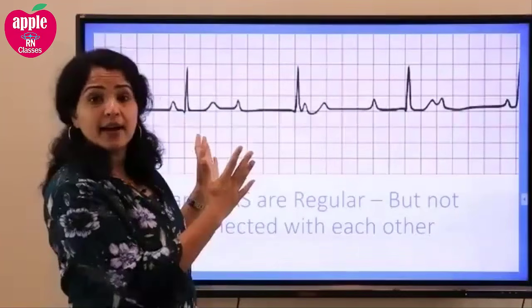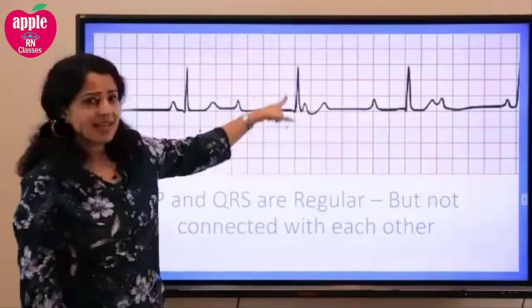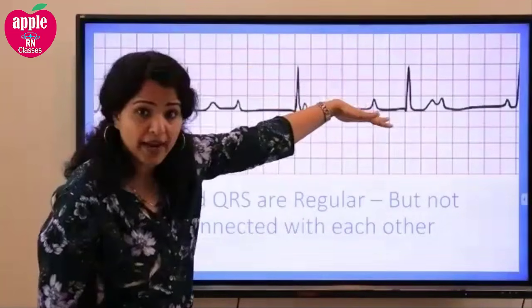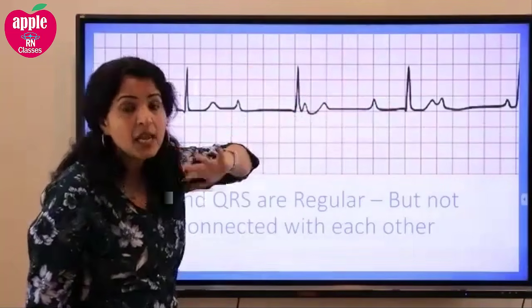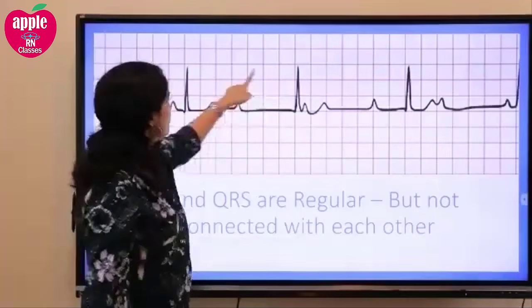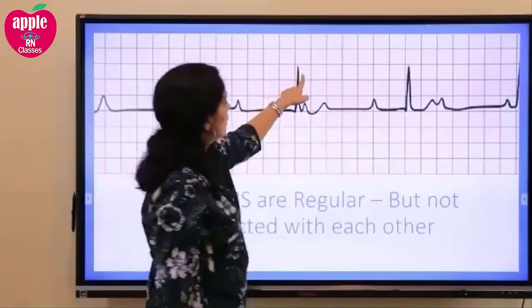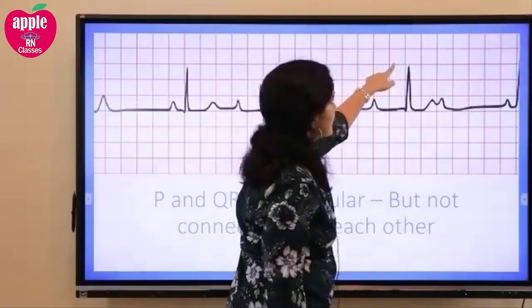But if you just look at the QRS, it's kind of regular in its own way. I mean, it's not associated with P, but it's regular in its own way. Between these two, 1, 2, 3, 4, 5, 6, 7 boxes. 1, 2, 3, 4, 5, 6, 7 boxes.